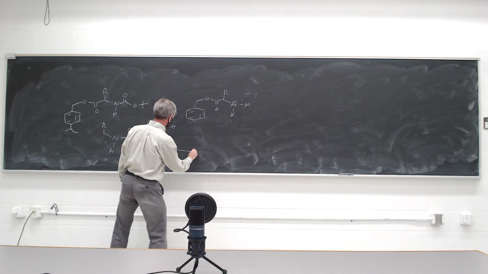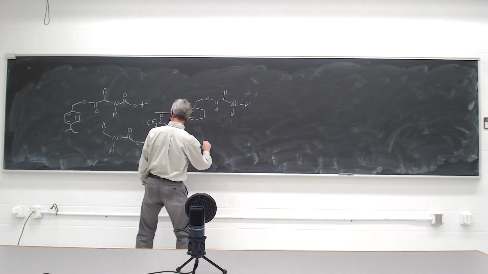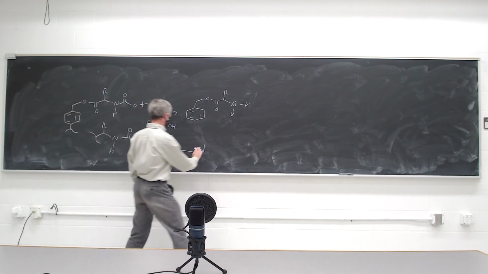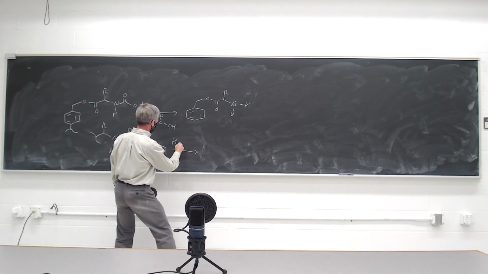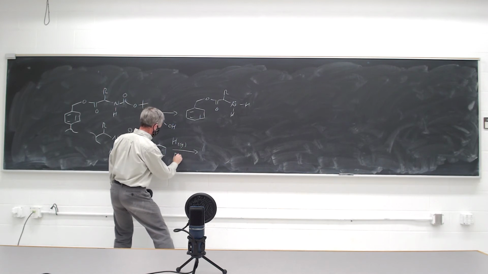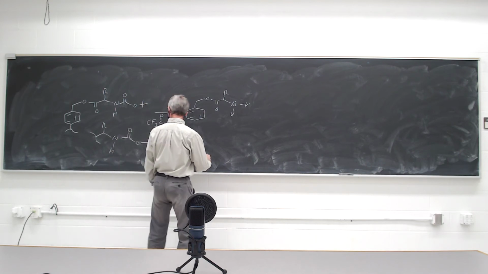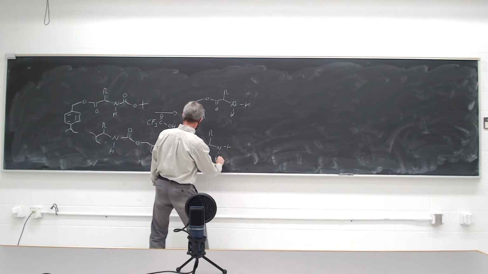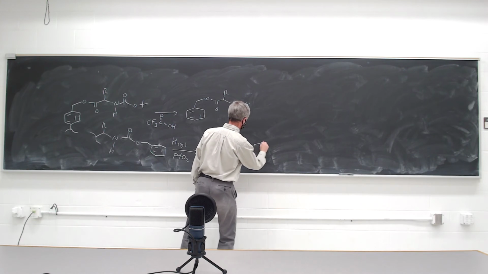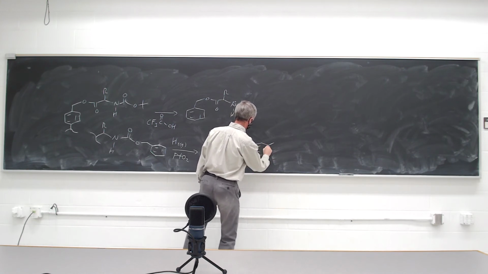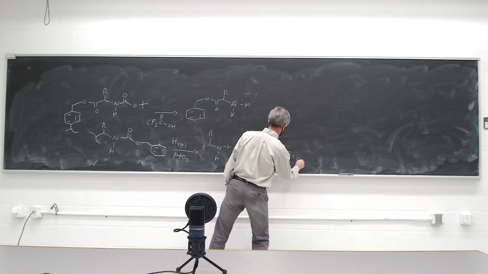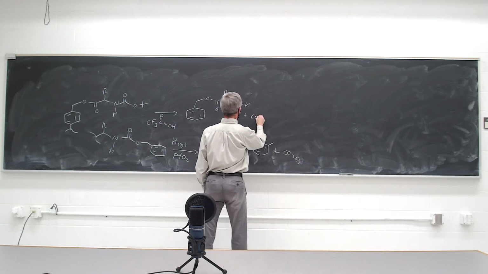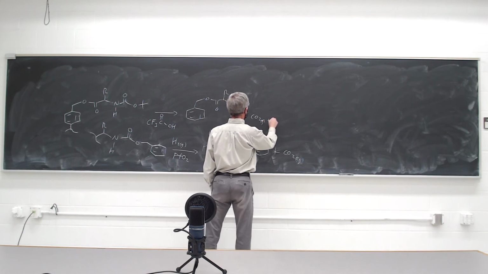So to take off the CBZ group, the reagent that's typically used is hydrogen gas and a catalyst, platinum oxide, for example. And the other products are toluene, CO2. In this case, the other products are CO2, butanol.